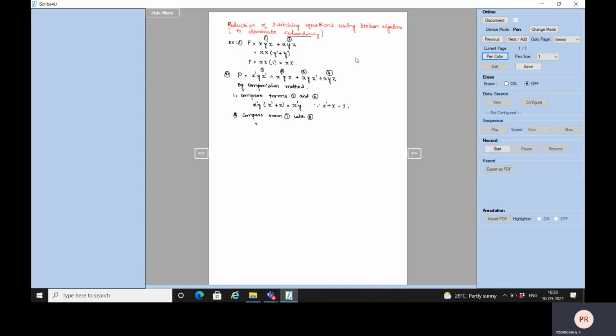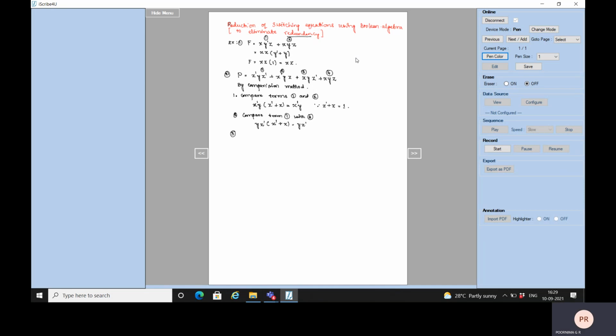So y and z bar are the common variables, and x bar and x will be left out. Hence from the comparison rule, when the first term and the third term are compared, the result is y and z bar.